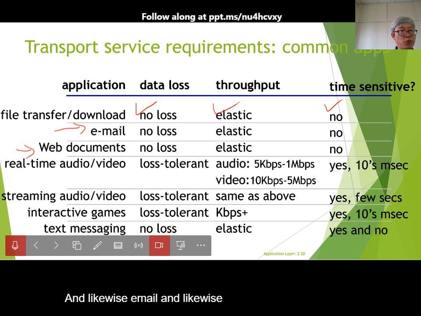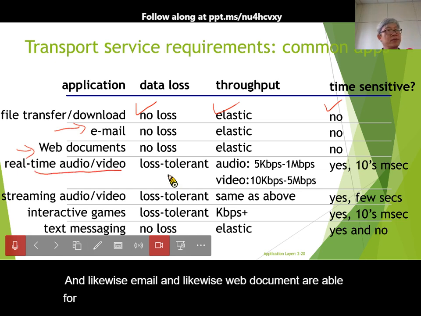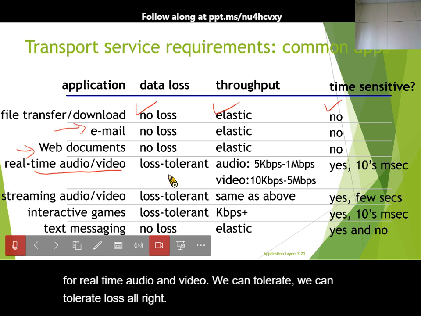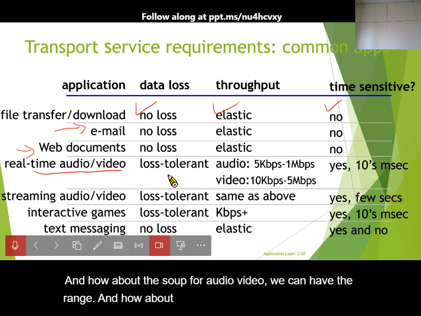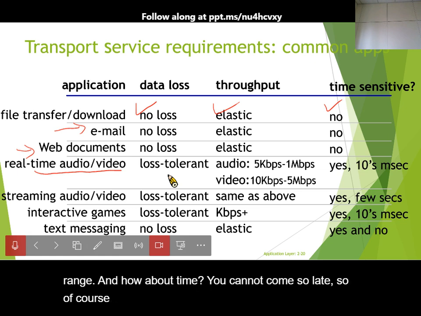However, for real-time audio and video, we can tolerate loss. And how about the throughput for audio video? We can have the range. And how about time? Of course we can have the timing set for the audio and video.